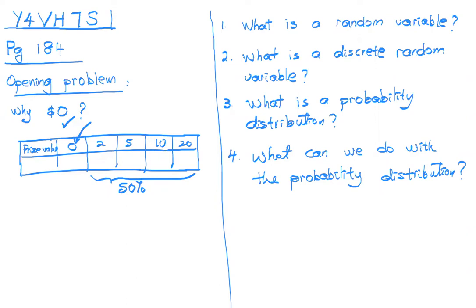So usually we let the price be X and the probability for X to happen. When you talk about probability, you always put it in decimal. So you see all this adds up to 50%.